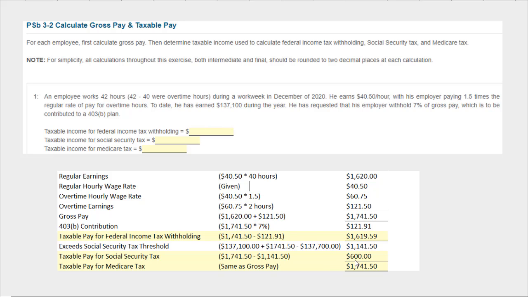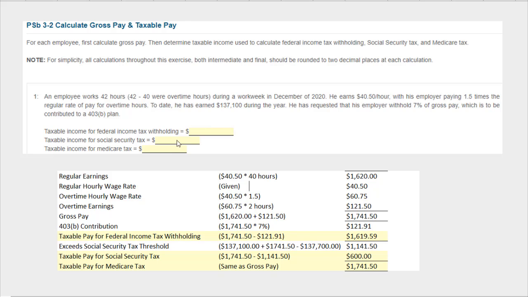And so 600 of it, this number minus this number equals 600. 600 of this current gross pay in this pay period is subject to Social Security tax. And the answer here is 600. That's the second answer to the sample problem.